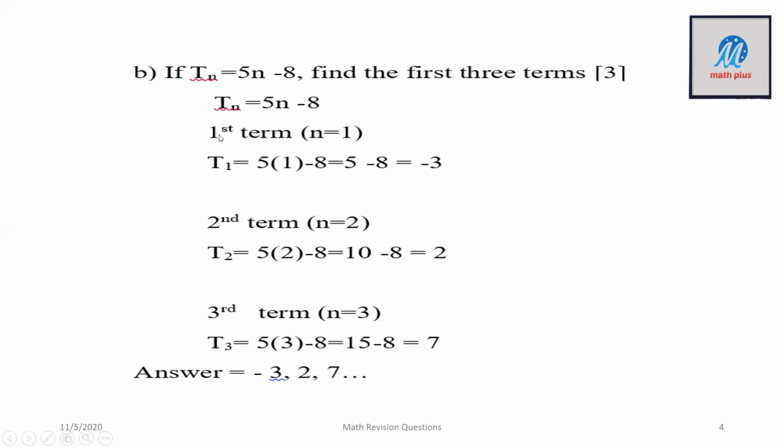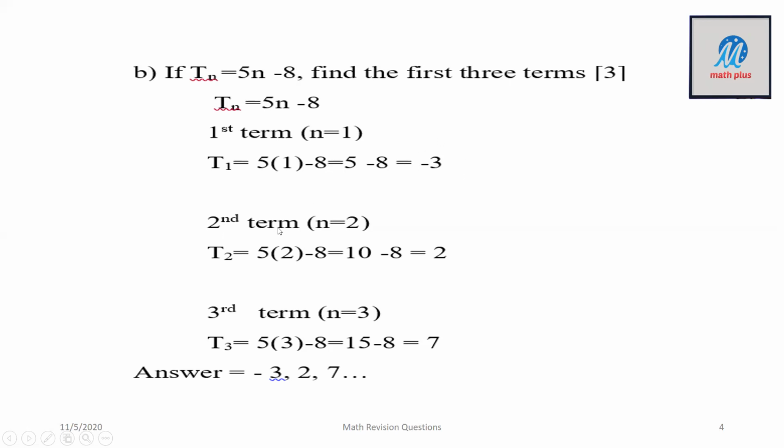So what I have done, I have considered n as 1 and I have substituted 1 for the letter n. So then 5 times n minus 8, 5 times 1, it's 5. 5 minus 8, I'll get negative 3. So my first term is negative 3.